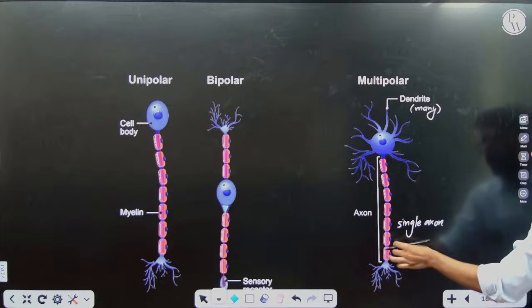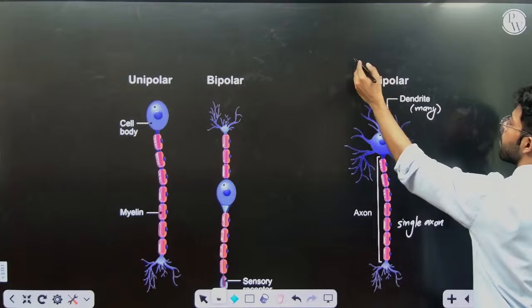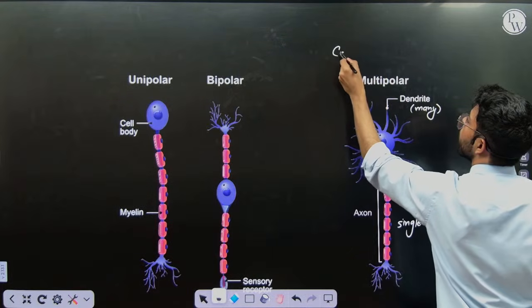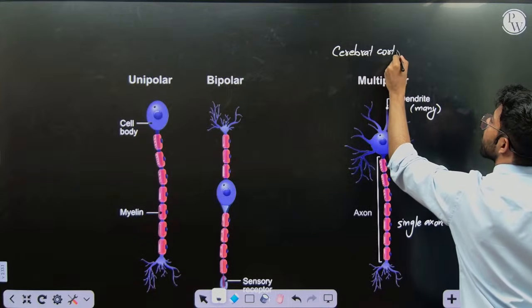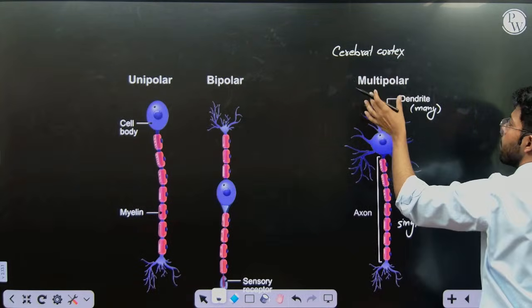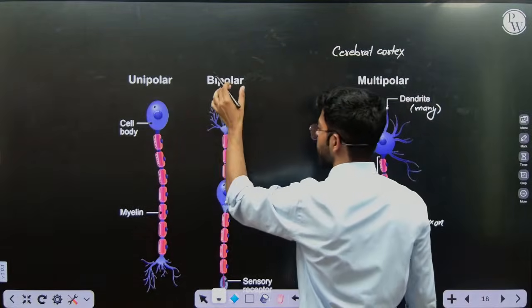This is the longest part of the neuron or nerve cell, and its example is in the cerebral cortex. We have this multipolar type of neurons present.